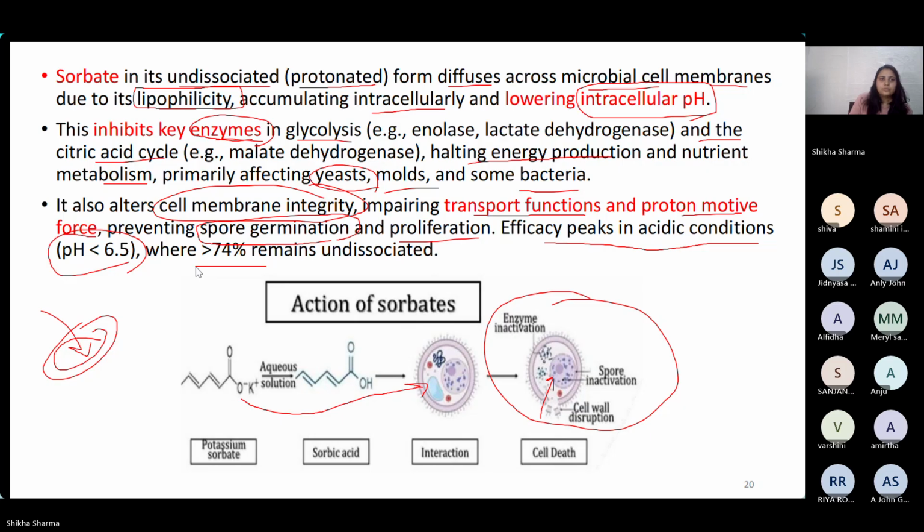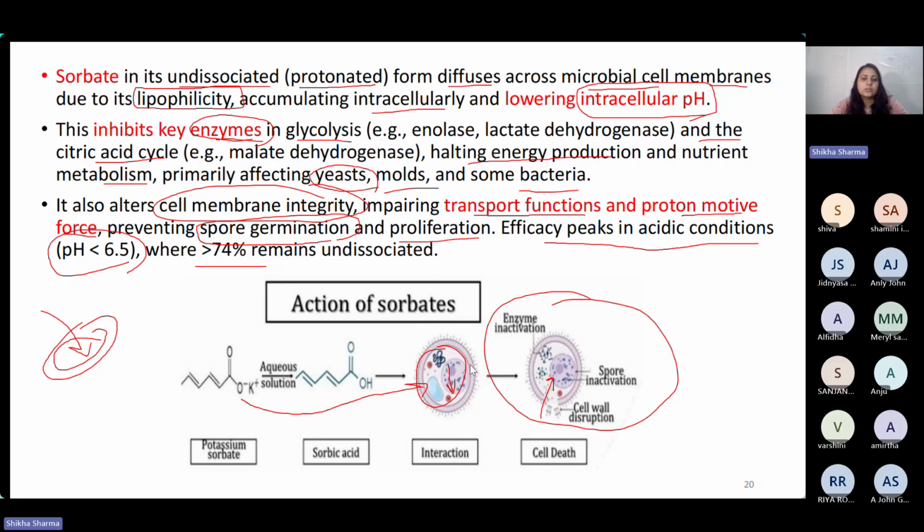So this way, since the sorbate is in the undissociated form, it will go inside the microorganism and lower the pH of the microbial cell.